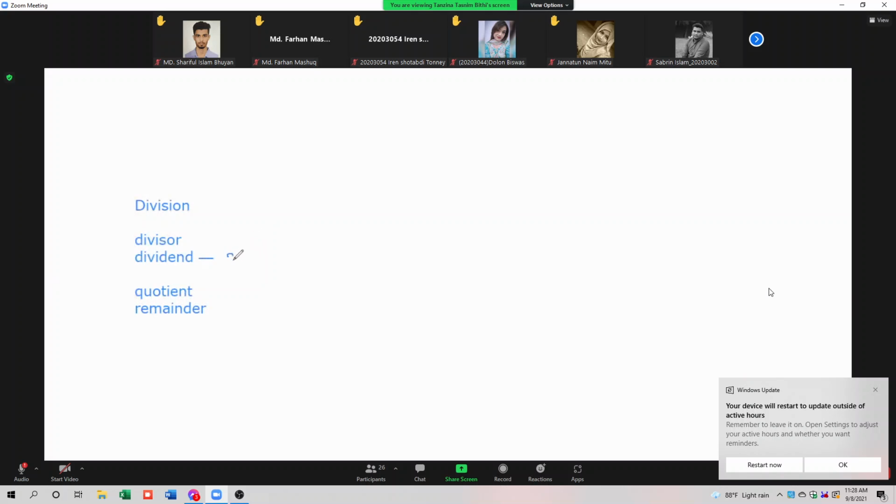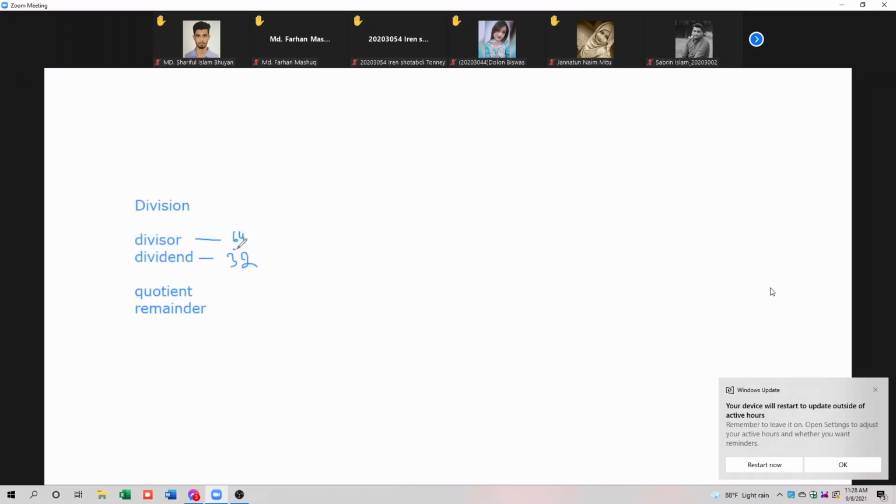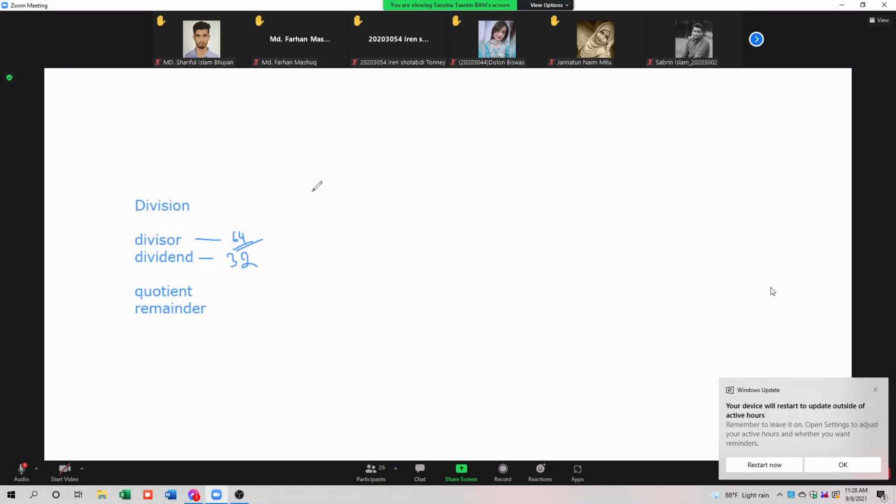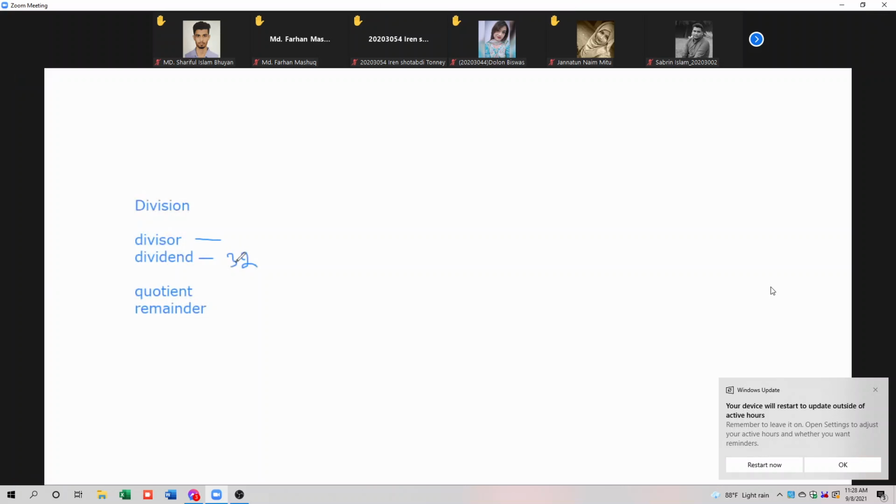The dividend is a 32-bit number and the divisor will also be a 32-bit number. But if you want, you can use a 64-bit number also. If your divisor is a 64-bit number, then you need how many 32-bit registers? Two 32-bit registers, right? So this is the size of the divisor, and the dividend will be 64-bit.